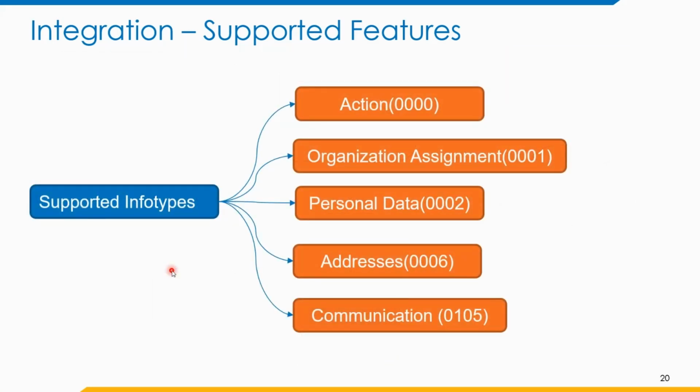Supported info types. As I have already discussed, there are some informational types assigned for the SAP HR system, where similar data is stored. SailPoint supports these five info types: action, organization, personal data, addresses, and communication.